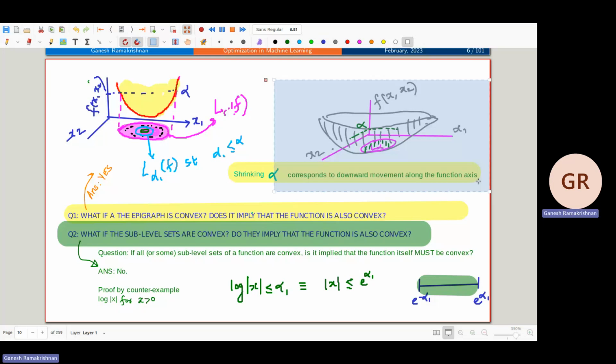With functions on scalars, the one dimensional case, log of absolute value of x is log of x if x is greater than 0.